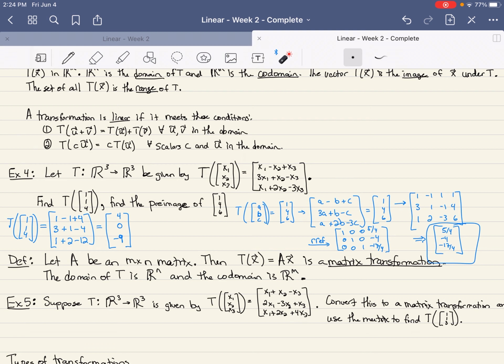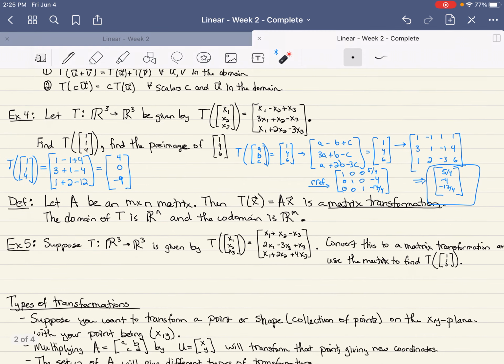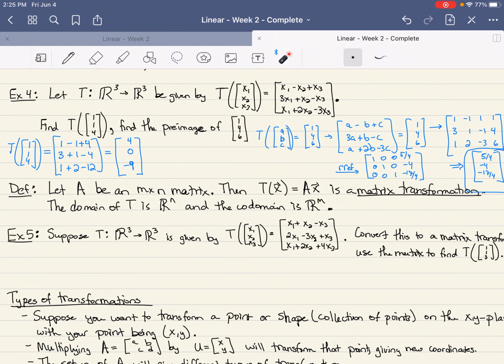We can do matrix transformations, but that basically boils down to, instead of doing things with letters in them, and again, these letters I carried over from the old book a little bit, the new book does mostly matrix transformations.